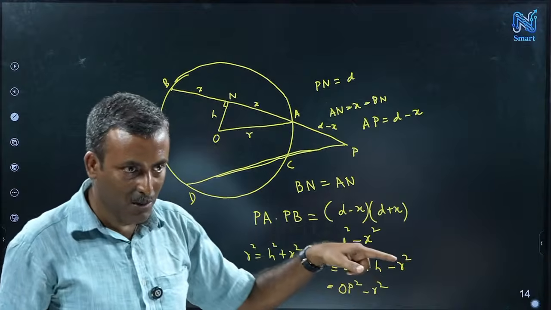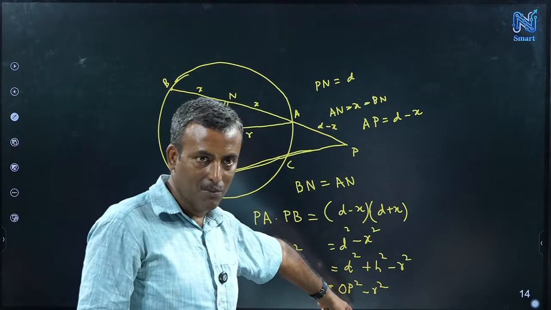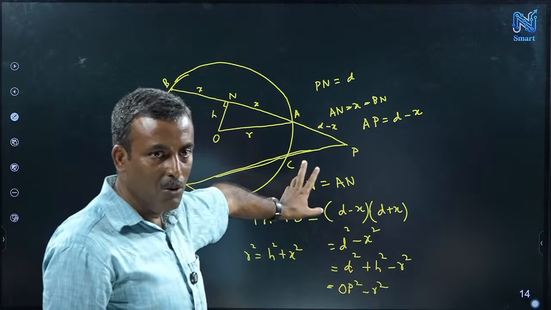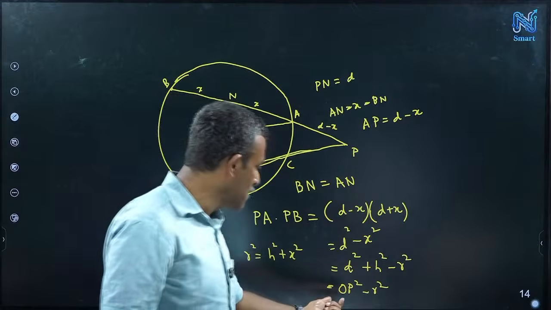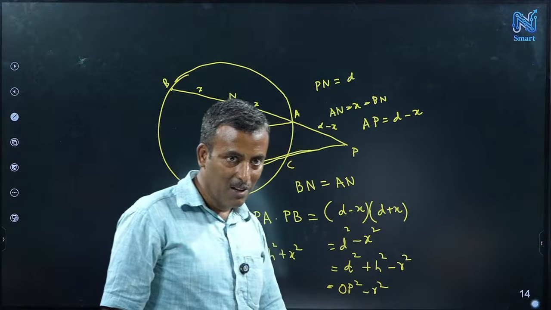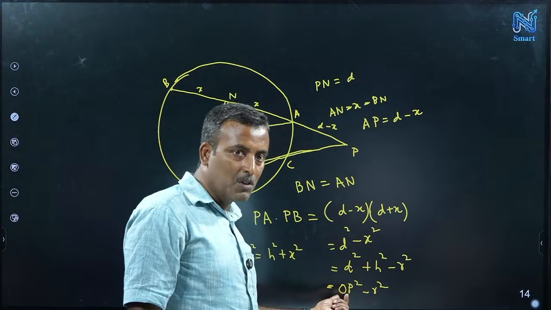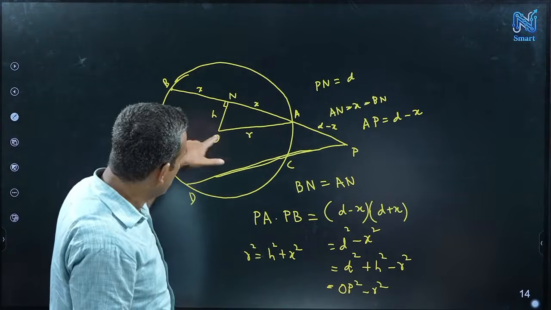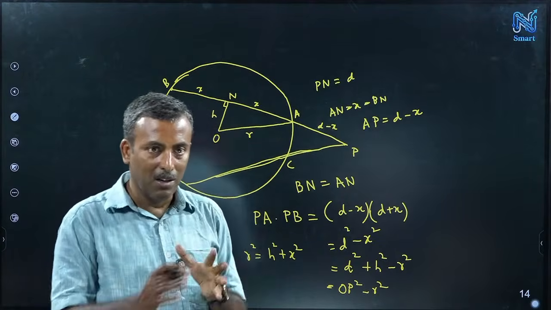If P is outside the circle, then OP is greater than R, that's why it is positive. If it is inside, then it is a negative number, because OP is smaller than R. And if it is on the circle, then it is equal to 0. But for an inside point, the proof is not like that, the diagram will be different.